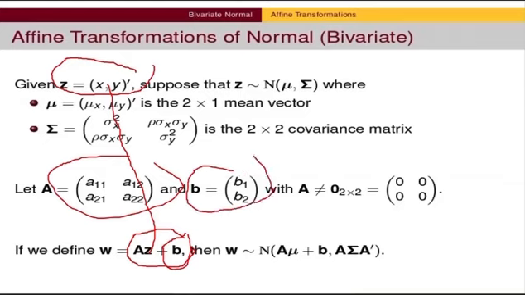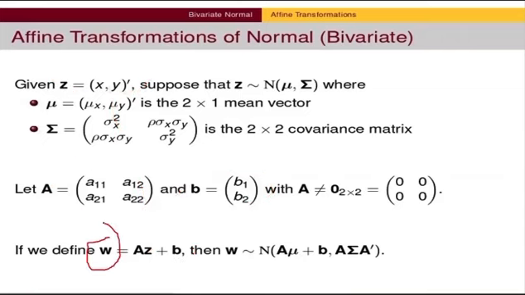Now, you know what happened? I have a new variable W, and W is a linear combination of X and Y. I'm now seeking to get the distribution of W. Let me tell you this. When X follows a normal distribution, the linear combination of X also follows a normal distribution.